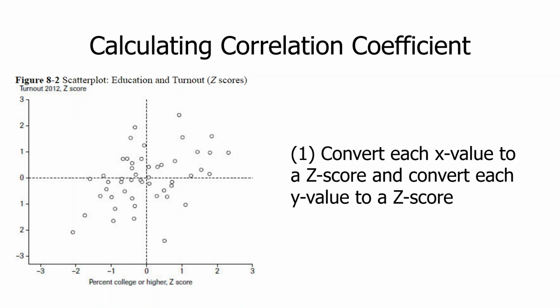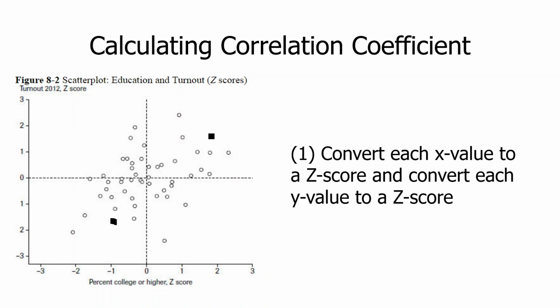So there's Oklahoma again, converted from raw numbers to z-scores. Similarly, Colorado, with its level of education up here at about 1.8 standard deviations above the mean for education, and also about 1.6 standard deviations in turnout. So there's Colorado right there.